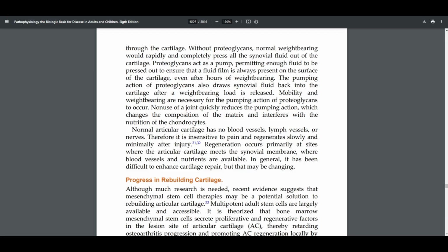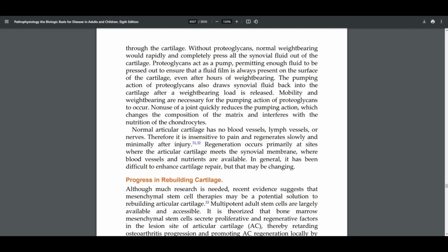Proteoglycans act as a pump, permitting enough fluid to be pressed out to ensure that the fluid film is always present on the surface of the cartilage, even after hours of weight bearing. The pumping action of proteoglycans also draws synovial fluid back into the cartilage after a weight-bearing load is released.